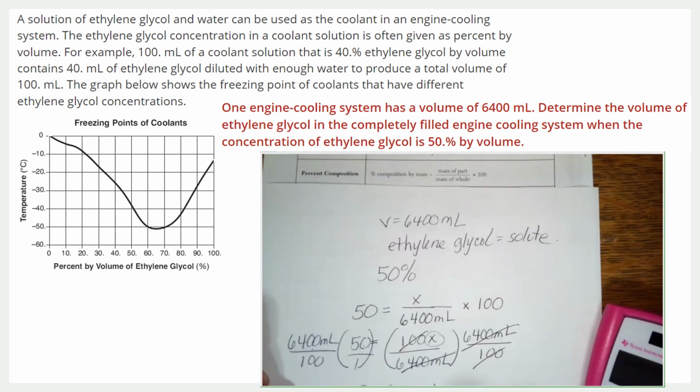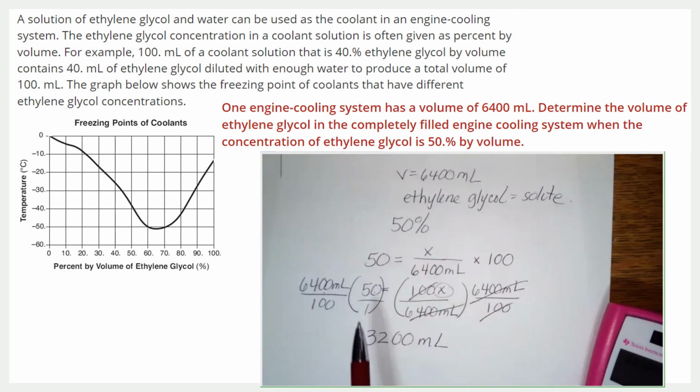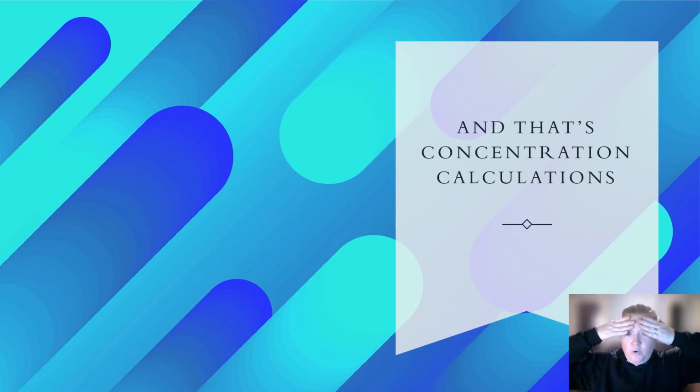Which should make sense. If the concentration is 50% by volume and the whole volume is this, 50% of it should be this. My answer makes sense. And there we have it. A whole bunch, but that was concentration calculations.